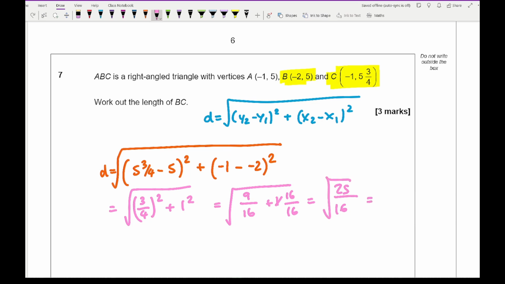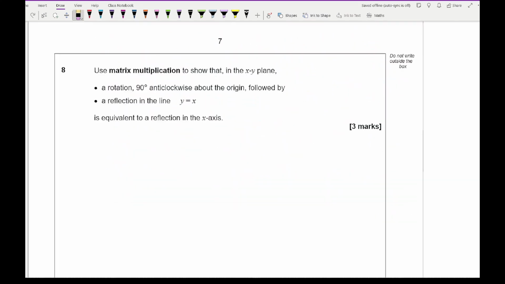Square root of 25 is 5, square root of 16 is 4, and there is my answer, 5 over 4.